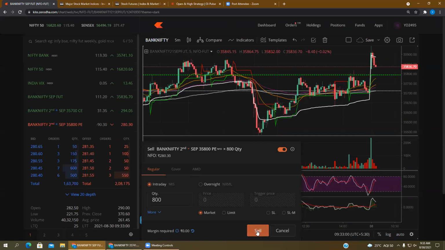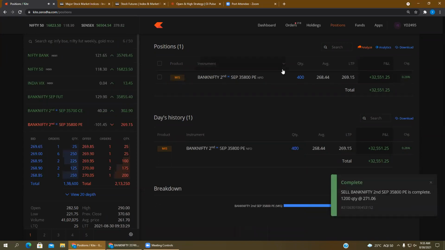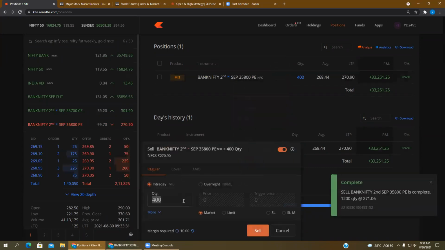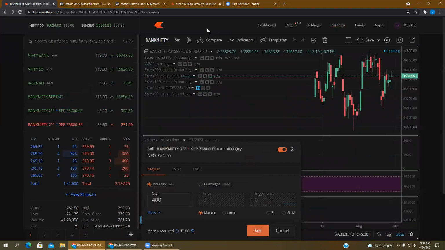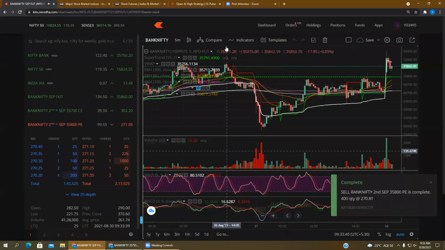Okay, what I'm going to do is I will exit 1000. I'm looking for a spike on the downside, which I'm not getting. Nope. I've exited 1200. Now I just have 400. Exiting the 400 also. We'll wait.